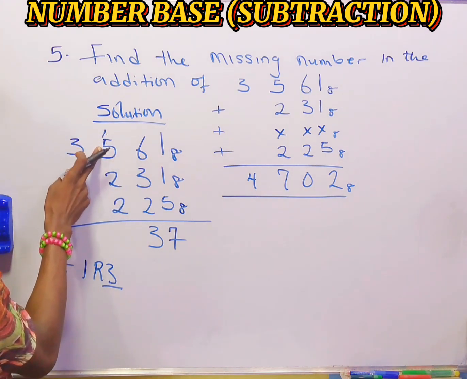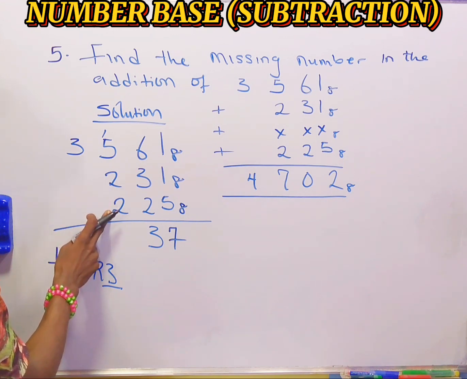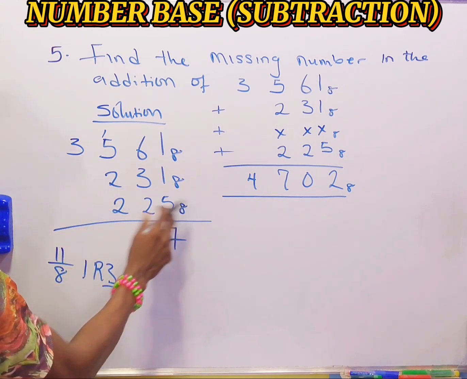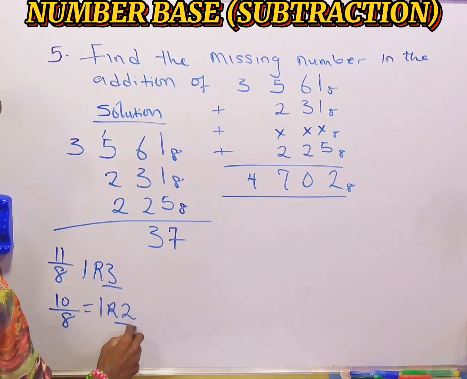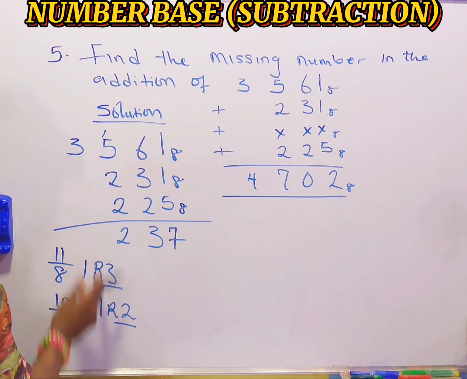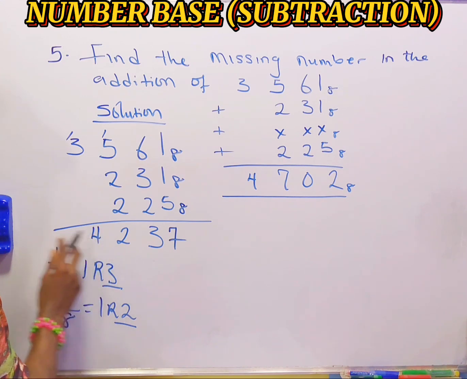We now have it as 1 plus 5, 6. 6 plus 2, 8. 8 plus 2, 10. 10 is above 8. We also say 10 divided by 8, which is 1 remainder 2. We write our remainder 2. We move the 1 to the next side. So I have it as 1 plus 3, which is 4.